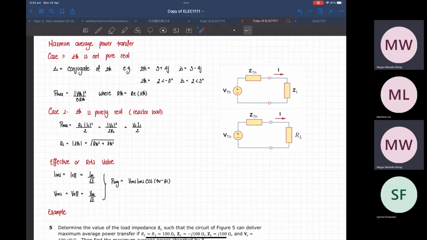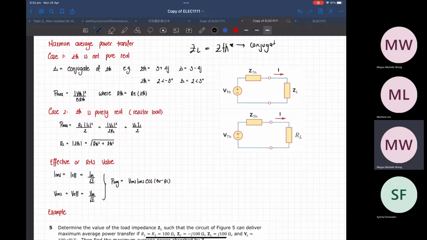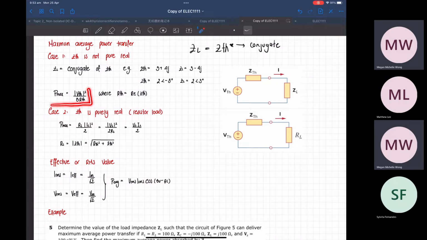But when it's an impedance, the actual ZL, to get maximum power transfer, needs to be the conjugate of Z Thevenin. So ZL equals Z Thevenin star, where the star means conjugate. The maximum power is this formula, and your R Thevenin in this question is the real part of your Z Thevenin.